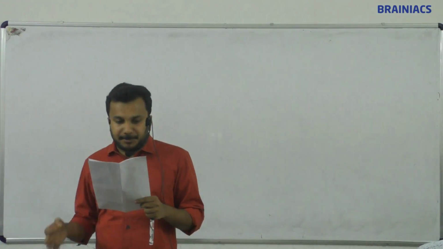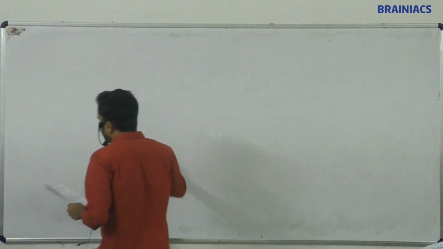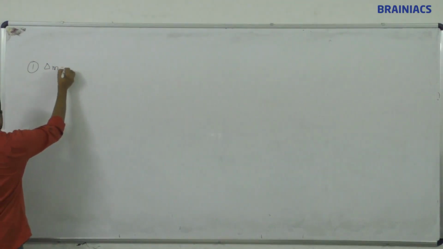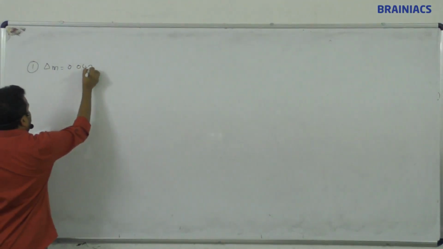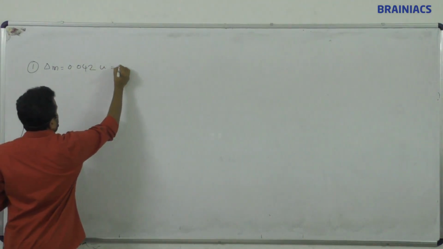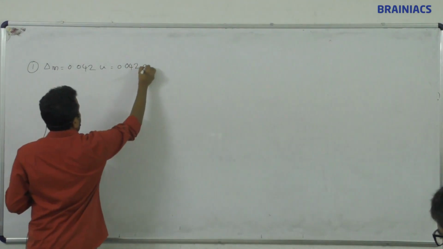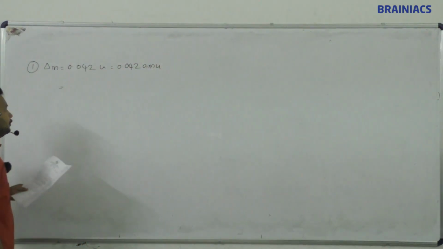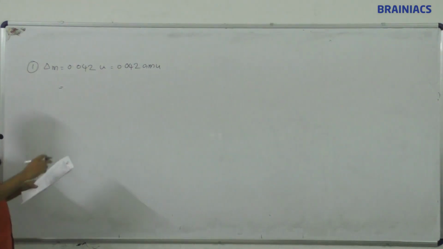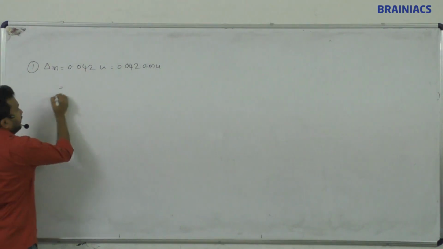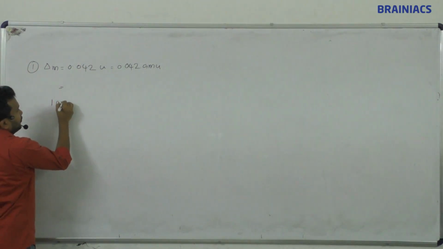Binding energy per nucleon will be, so delta M is given, 0.042 AMU. Now I need to convert it into mega electron volt, because the units are in mega electron volt. 1 AMU is 931.5 mega electron volt.